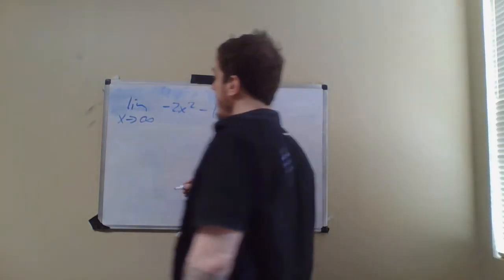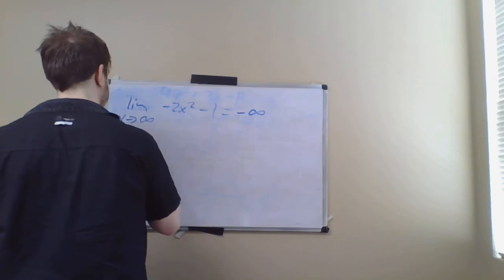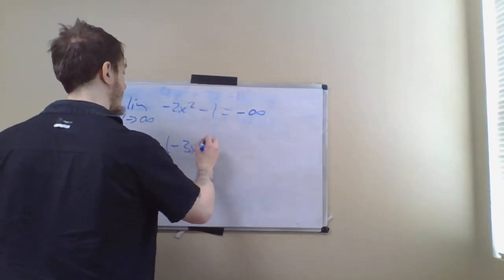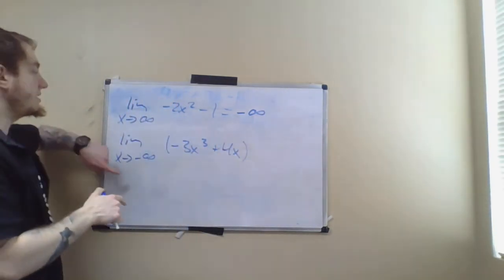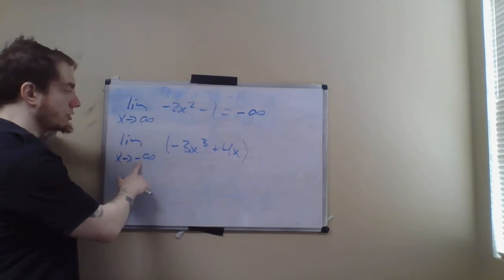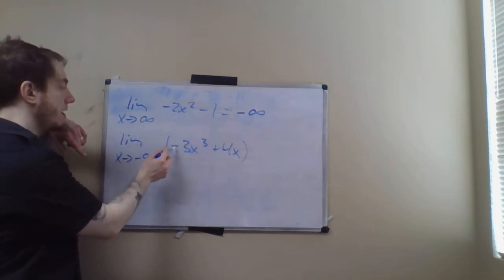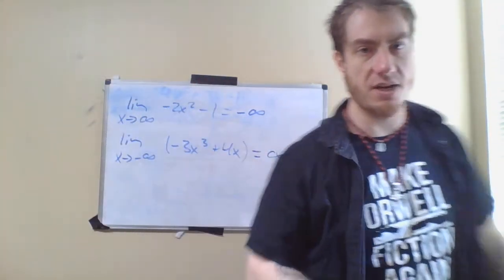On the other hand, if I do something like the limit as x approaches minus infinity of, let's say, negative 3x cubed plus 4x, in this case, as I plug in larger and larger negative numbers, x cubed is a very big negative number, it's multiplied by a negative, well, this comes out to be positive infinity.